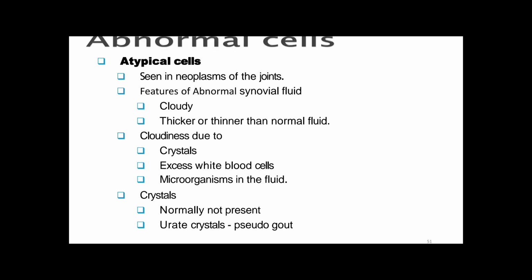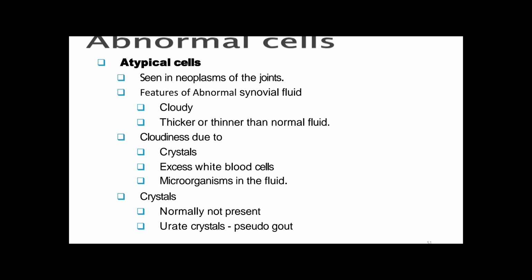Other abnormal cells present in synovial fluid are atypical abnormal cells. These atypical cells can be seen in neoplasm of the joint, right?